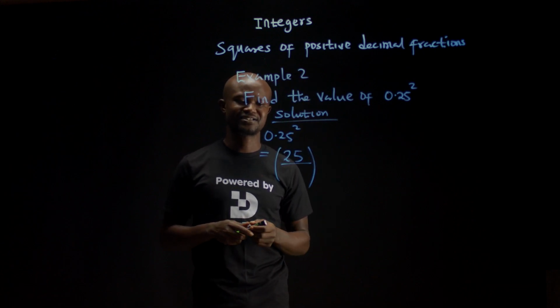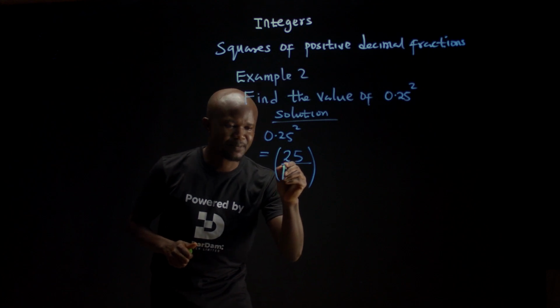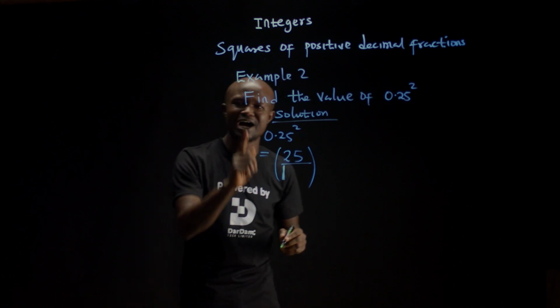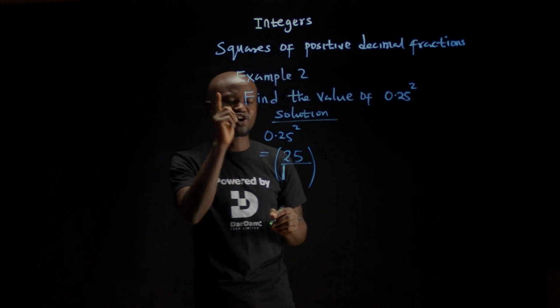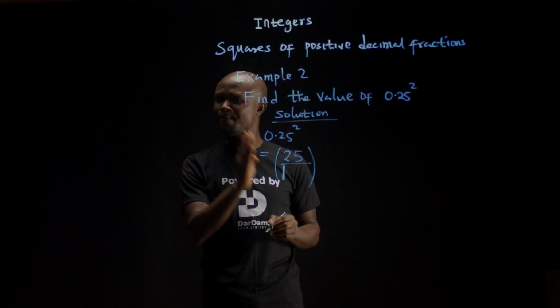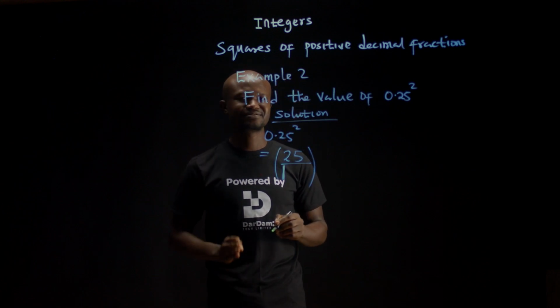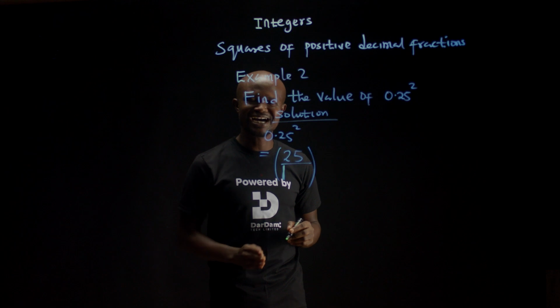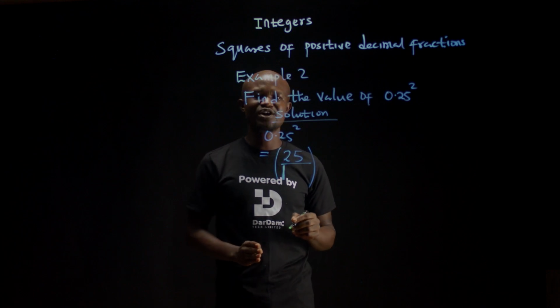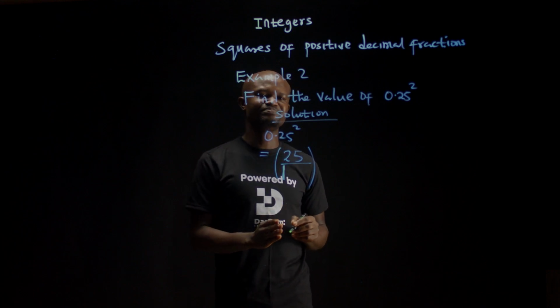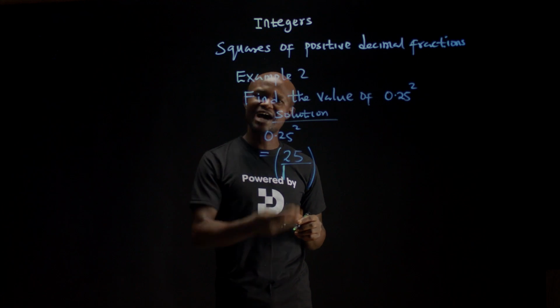Take note of that. Now, we write 1, because at the denominator we are going to have powers of 10. And what are powers of 10? 10, 100, 1,000, 10,000, 100,000. We have a lot of them.